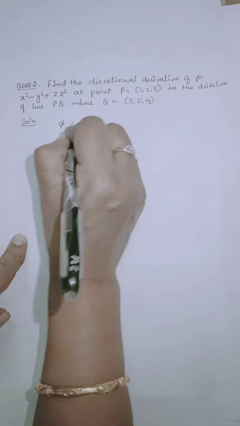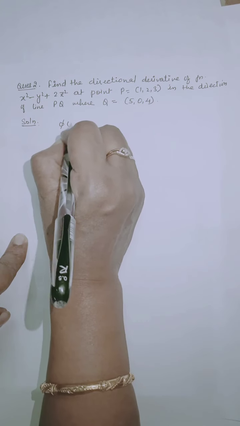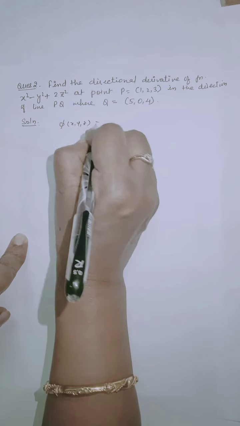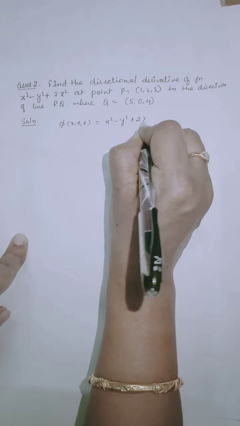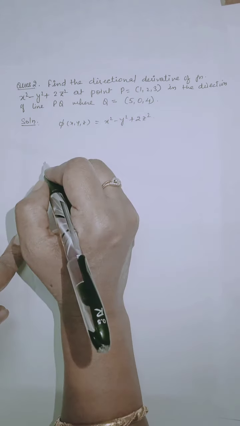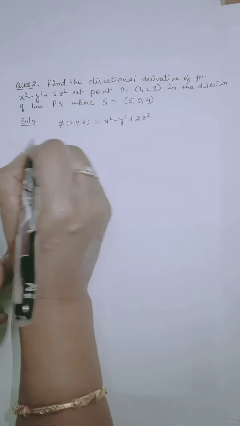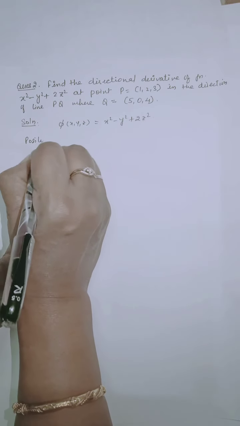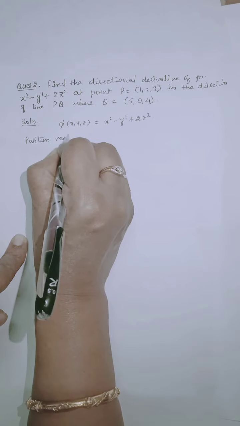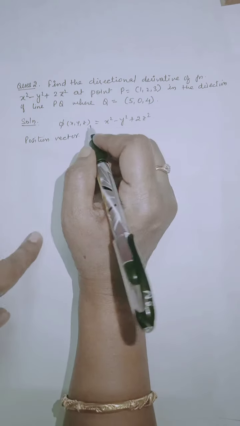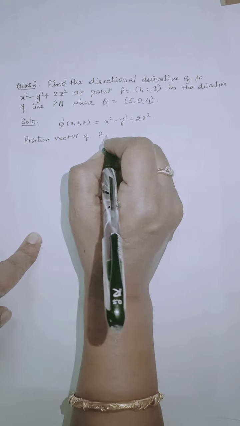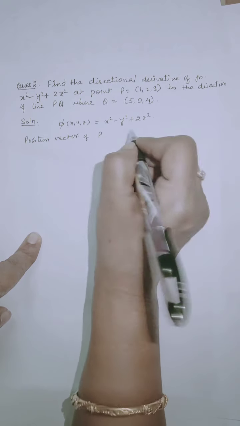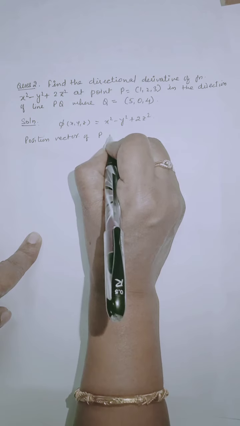So the given function phi is x square minus y square plus 2z square, right? Now the position vector of P with respect to origin, that is understood.